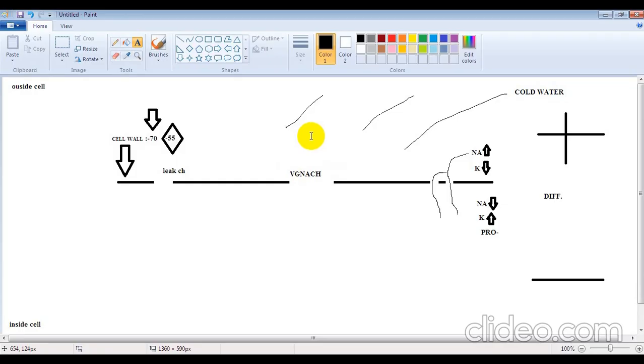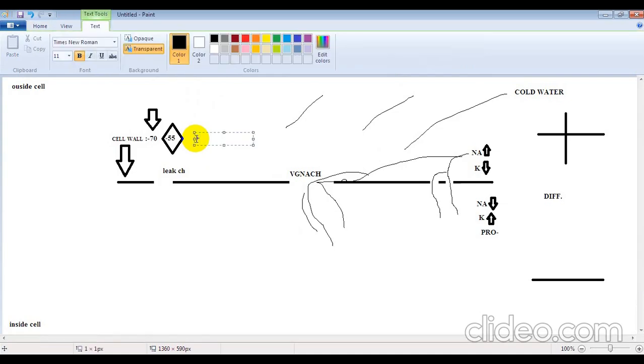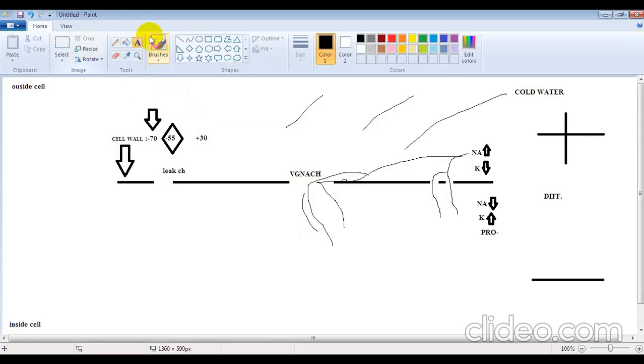When this channel opens, a high amount and high concentration of sodium enters inside the cell and makes the cell wall potential rise to +30. When we reach +30, the pain occurs. Now the patient suffers from pain.